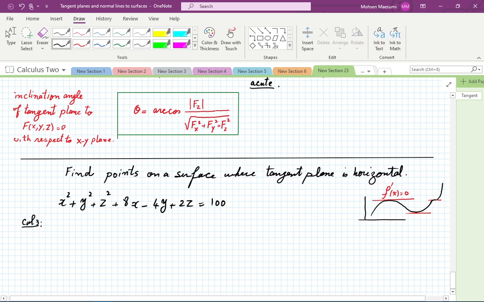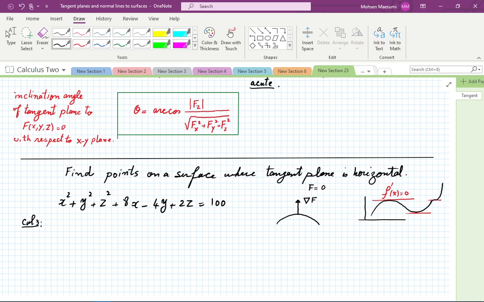So Calculus 3 style, well, if you have a surface, we said its normal is along gradient of the function that defines that surface. Like if your surface is given by level surface of a function f equal to 0, then gradient of the function is going to be normal to it.